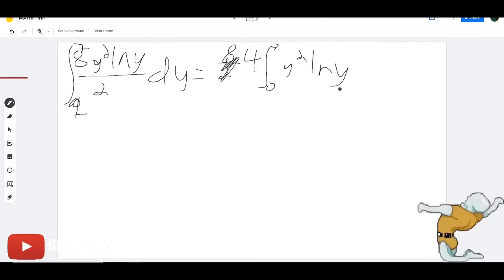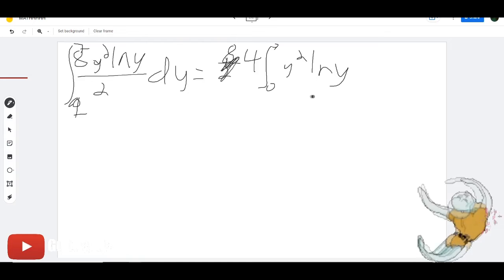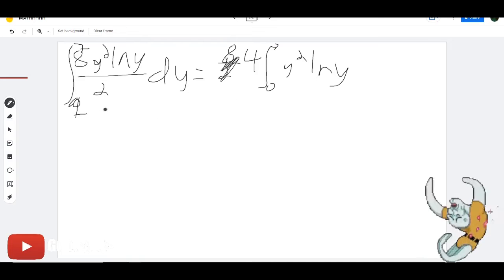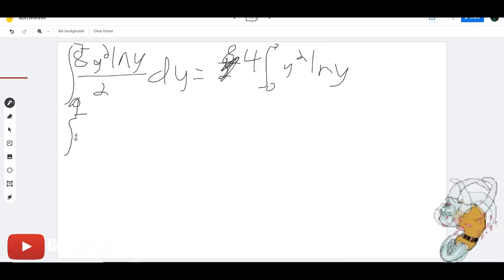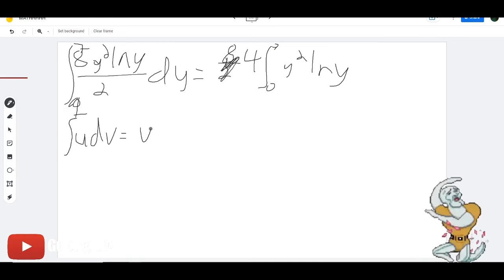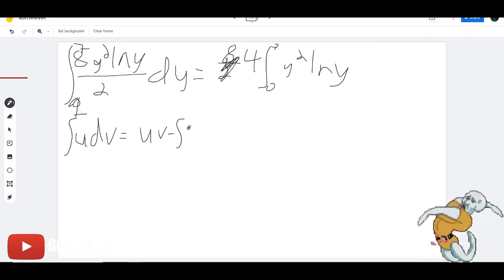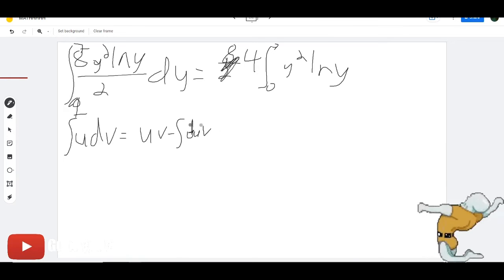Now, a lot of you will recognize the pattern here immediately. If you don't, that's completely fine, I'll show you. It's integration by parts. Remember, the integral of u dv is equal to uv minus the integral of v du.